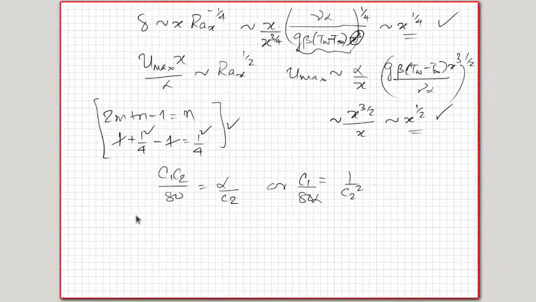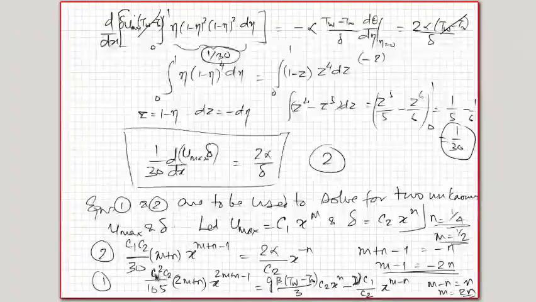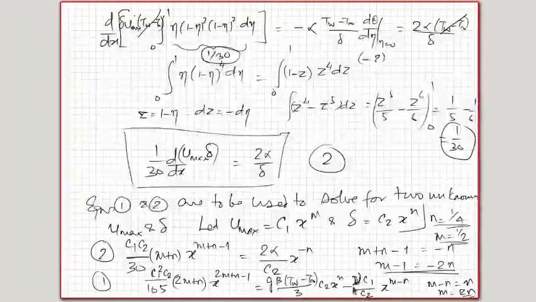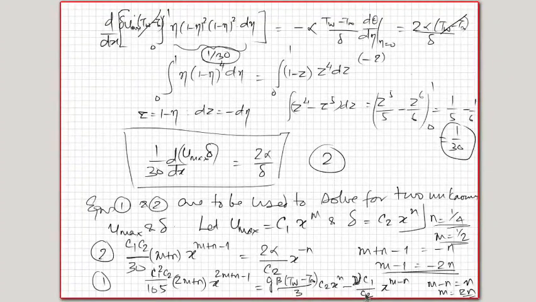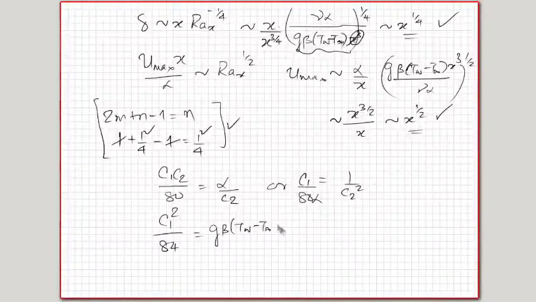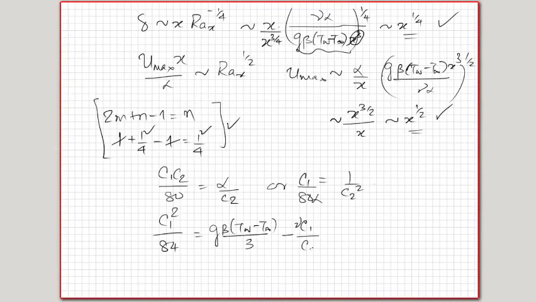So this is c1 squared divided by 84 is equal to g beta into t1 minus t infinity by 3 minus mu c1 divided by c2 square.